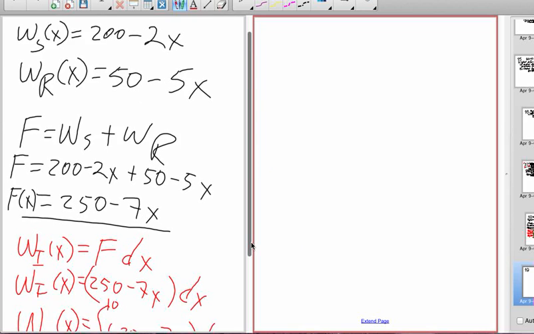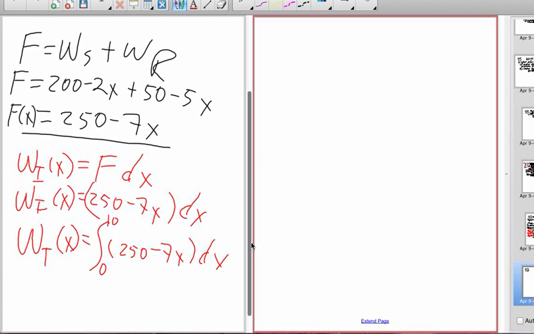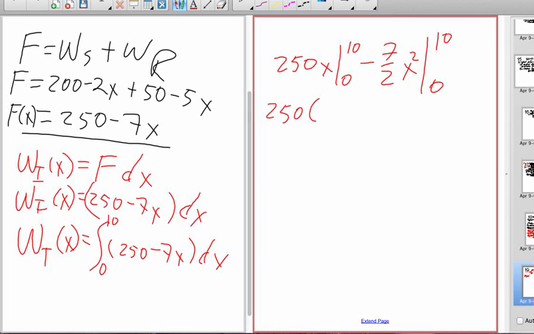Here's my thing. I need to do my integrals. So I'm going to end up with 250x evaluated from 0 to 10 minus 7 halves x squared evaluated from 0 to 10. Which is going to give me 250 times 10 minus 0, minus 7 halves times 100 minus 0.